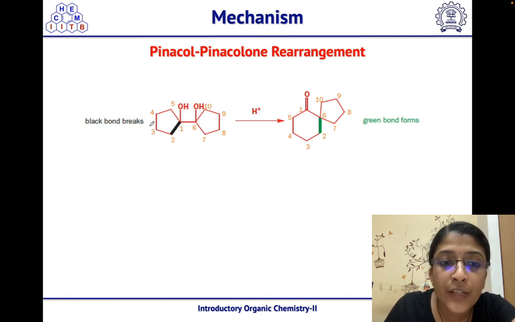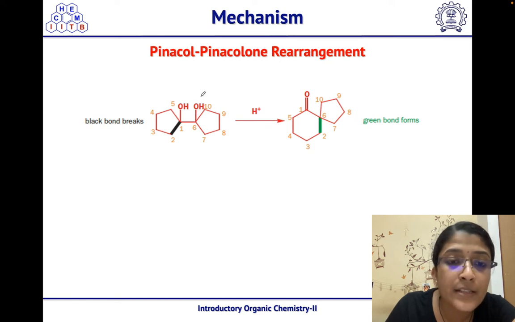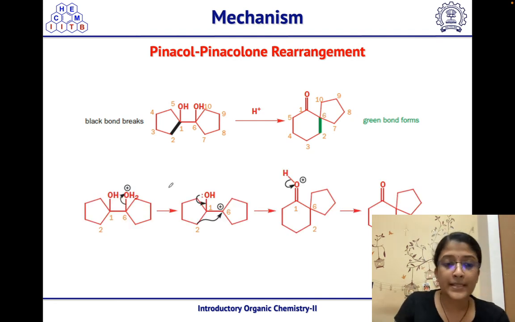Here the black bond, this 1,2 bond, will be breaking and it will migrate to this carbon 6, where the OH2 plus, that is water, will be removed and a carbocation is formed. And here a bond will be formed between carbon 2 and carbon 6.